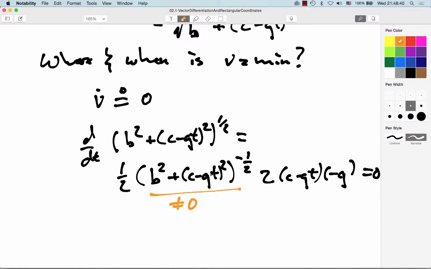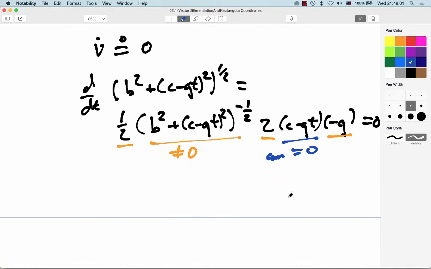Not going to happen. Obviously the 1/2 and the 2, same deal, and the negative g is a constant, so same deal there. So the only piece we really have to worry about is just this c minus gt, because it can be equal to 0. So when it's equal to 0 is when our speed is a minimum.